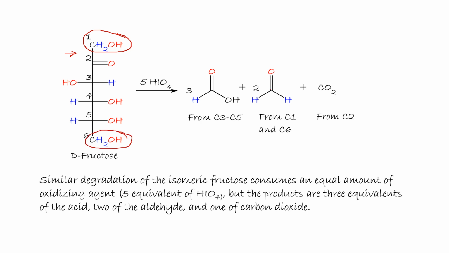So, 2 formaldehyde from C1 and C6. Now, here is the ketone, and around the ketone we'll have 2 HIO4, so the C=O will be CO2, carbon dioxide. And the secondary C3, C4, C5 alcohols will be formic acid.